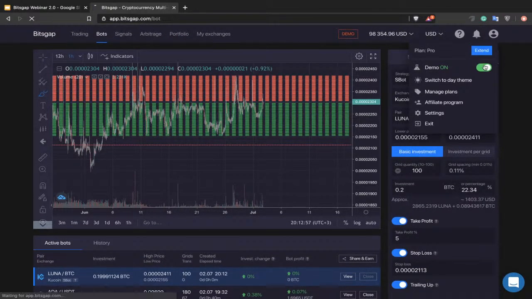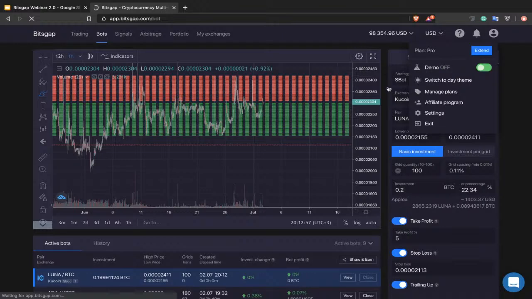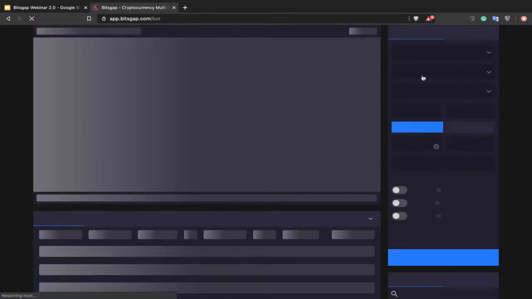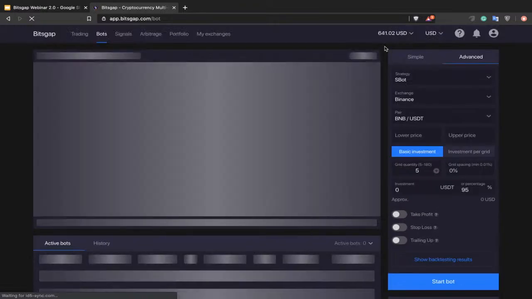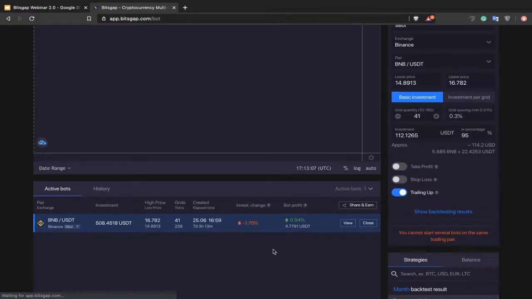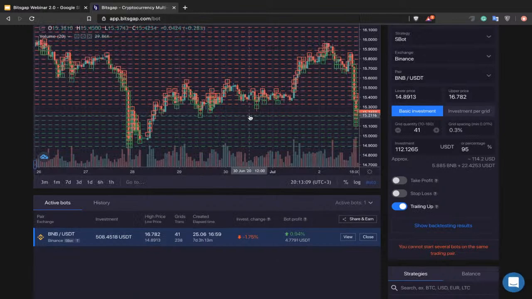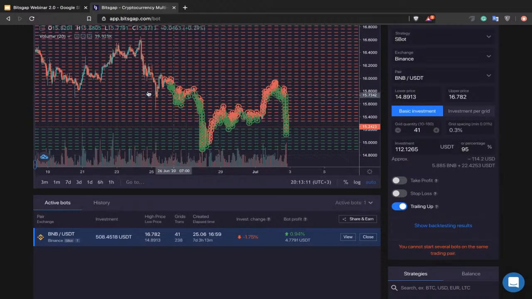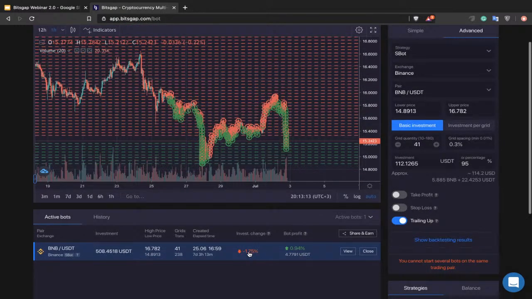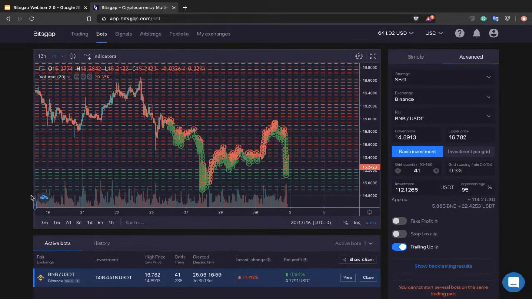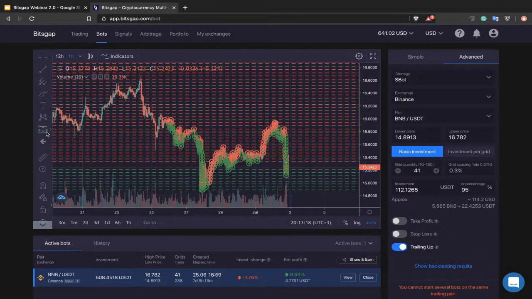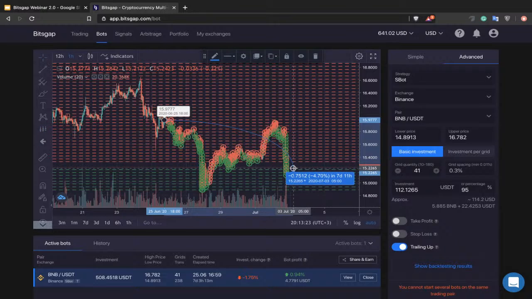And here I also have my real account trading, and I can easily switch to my real account. And here we go. Here's my BNB trading to USDT. You see, it's now minus 1.75%. So without automation, from that point down to the current price, my return would be minus almost 5%, but with automation that's only minus 1.75%.